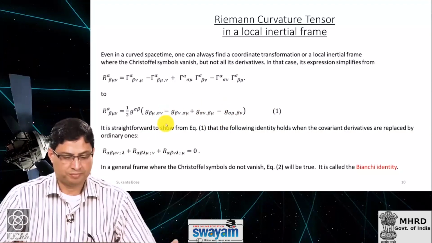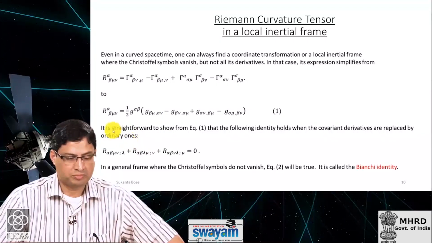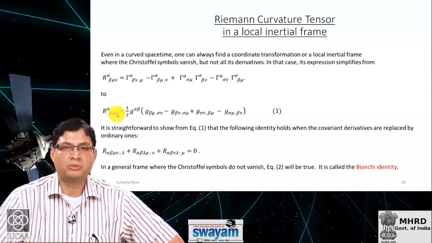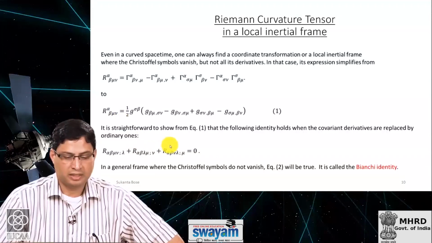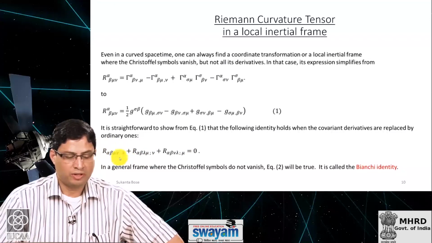Using all of this, you can show that the R alpha beta mu nu's actually obey another identity, and this is known as the Bianchi identity, where its covariant derivative with respect to x lambda, when summed with a cyclic permutation of the last 3 indices, is equal to 0.